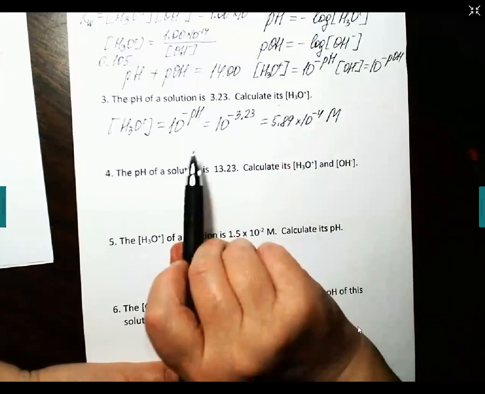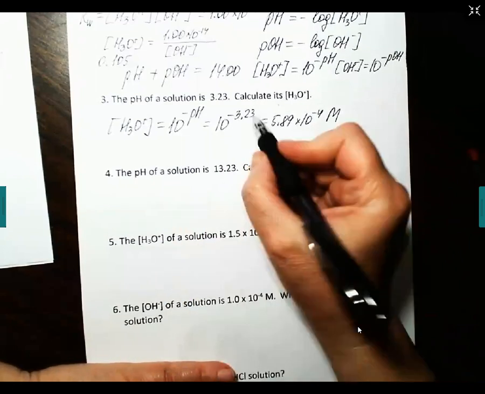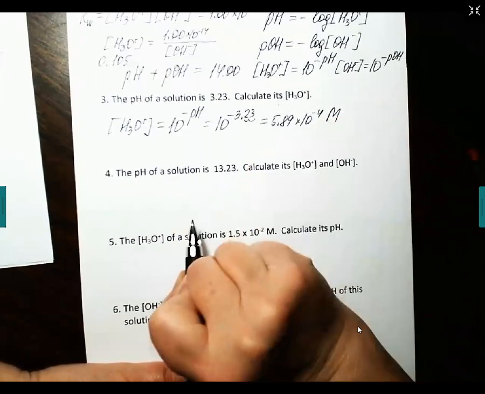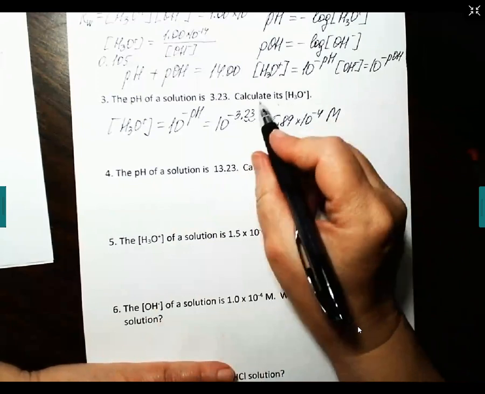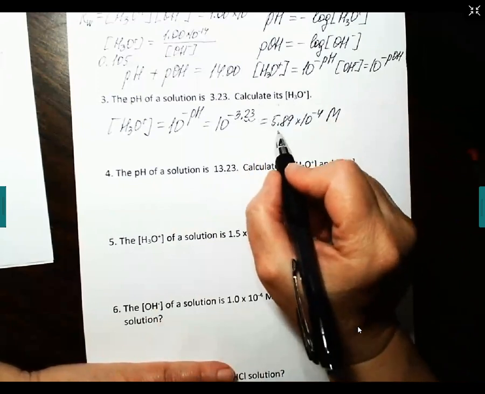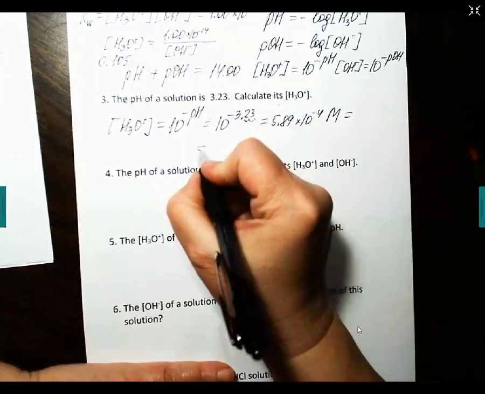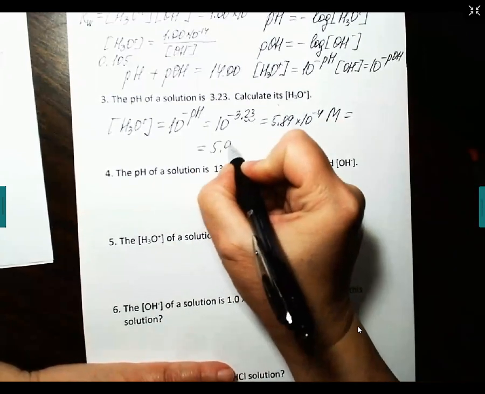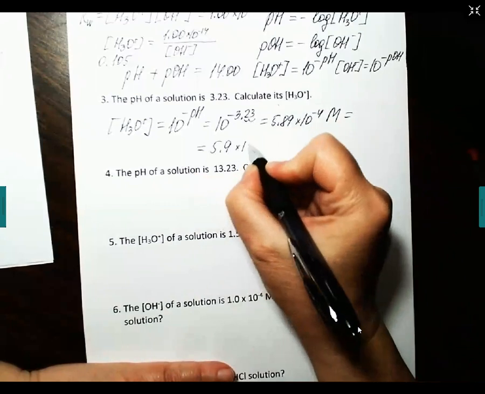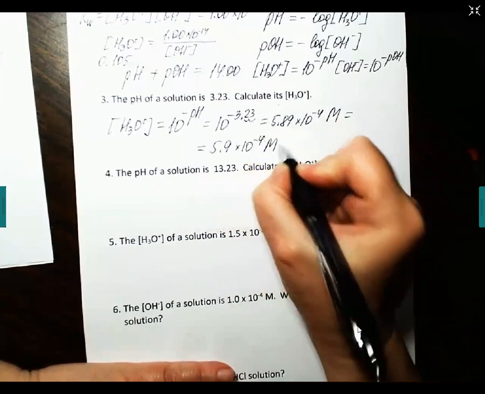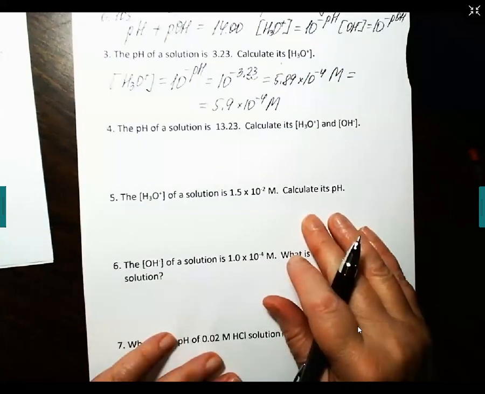Now, number of significant figures. pH contains 2 decimals. So we need to round the concentration to 2 significant figures. So it should be 5.9, 2 significant figures, times 10 to the negative 4 moles per liter.